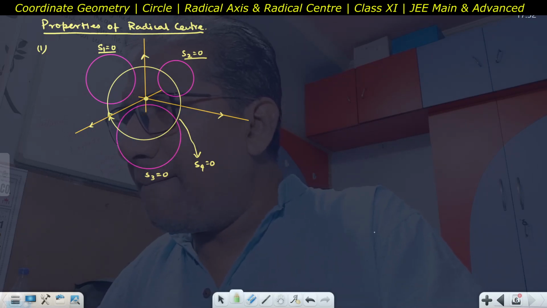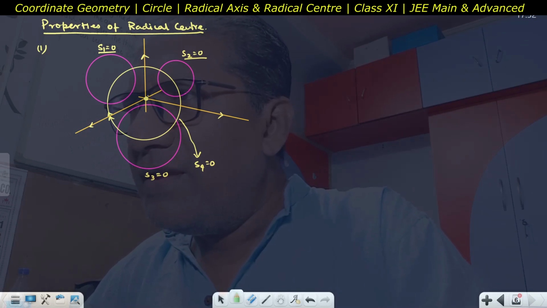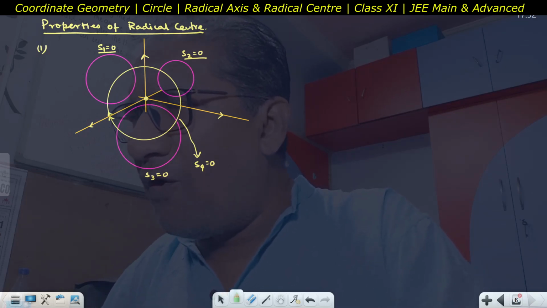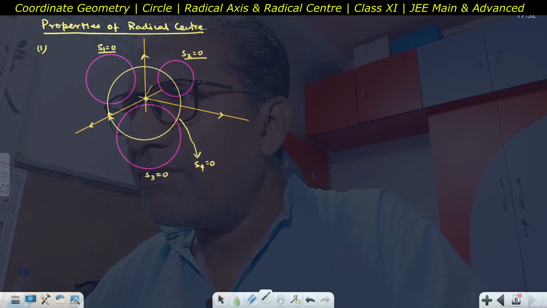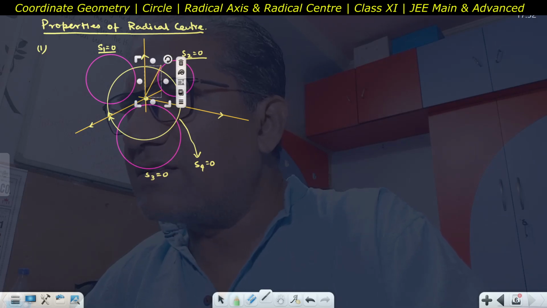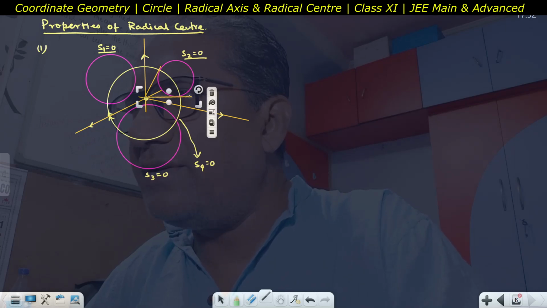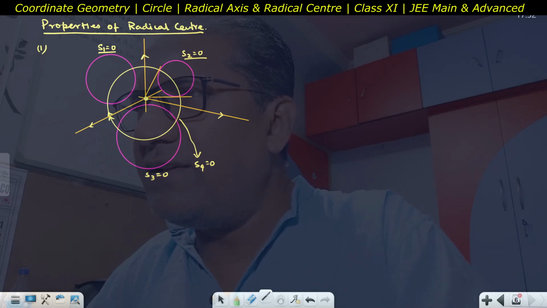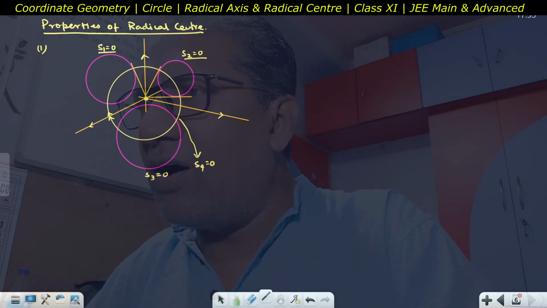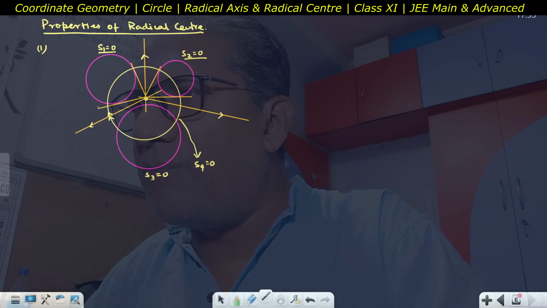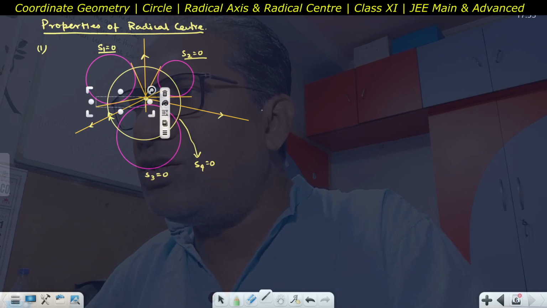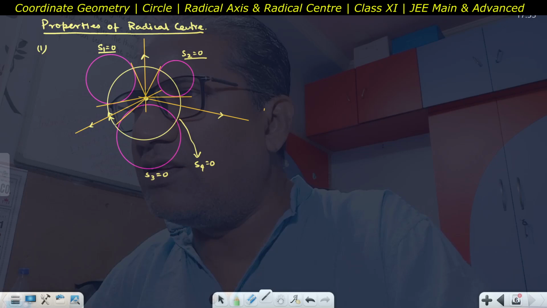Now, if I draw a tangent from this point to any of these circles, let us say this one, or this one, or this one, these are all the tangents drawn from the radical center to the three given circles. It is not exactly coming, but it's okay.